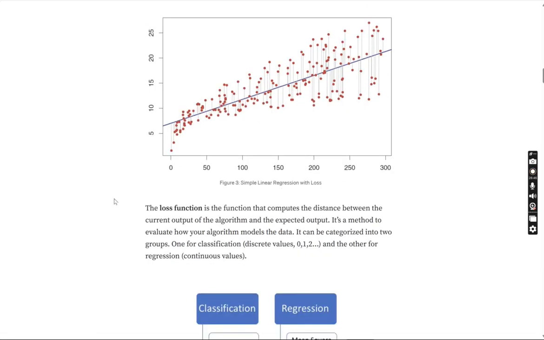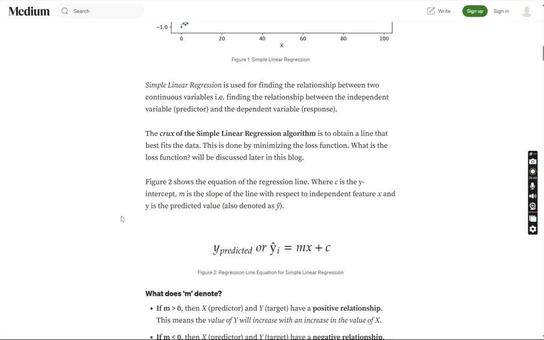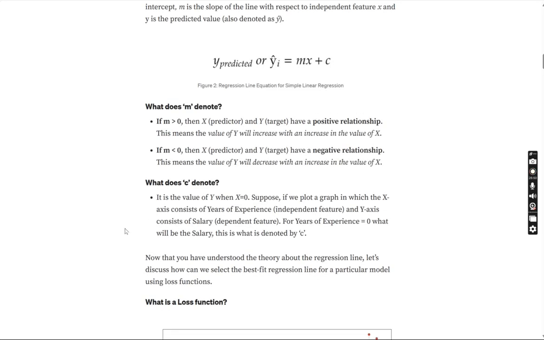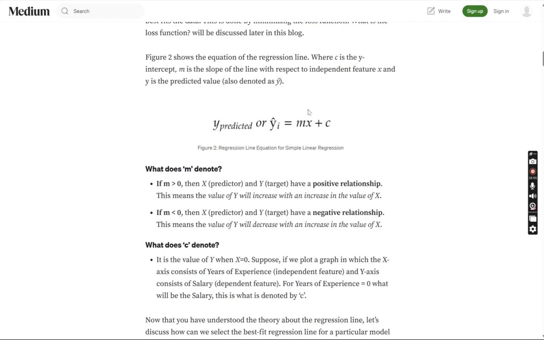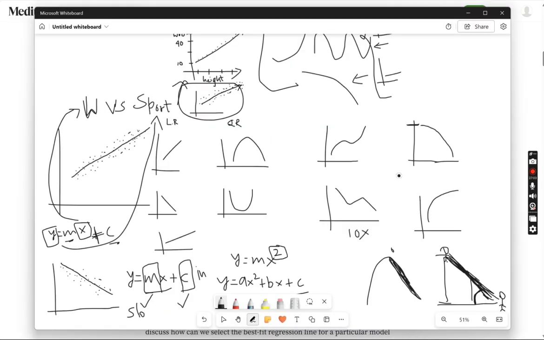Next is the concept of loss function. Again, talking about M, I think we have already talked about this. If M is greater than 0, that means your line is lying in the positive quadrant. How do you calculate the slope?